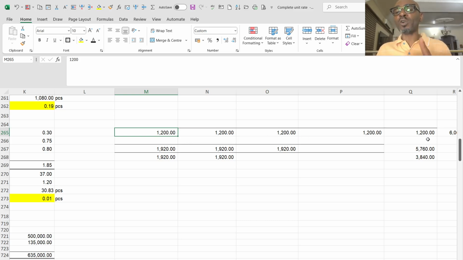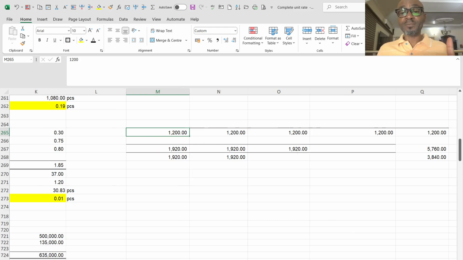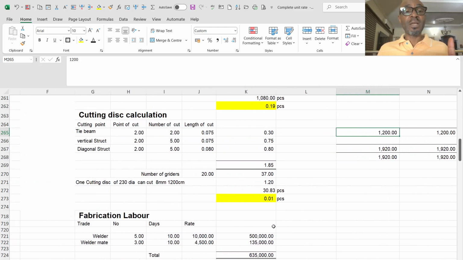So I have 4 cuts, but I'm going to get 1, 2, 3, 4, 5, meaning that I need 6 pieces of the vertical members to make up one girder, which means I'm going to take another length and chop off 1. So I have 1 cut, 2, 3, 4, then 5 cuts for this vertical strut. That's why you have 5 cuts.